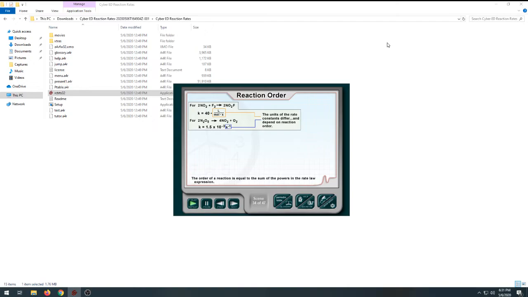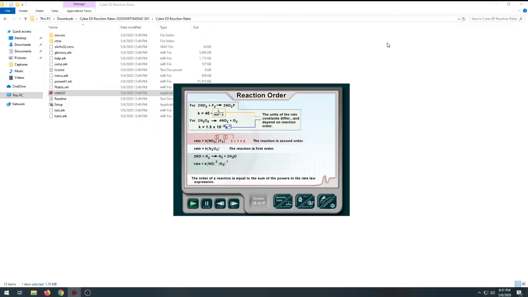For example, the reaction that forms nitryl fluoride is a second-order reaction because the concentration of each reactant is raised to the first power, and 1 plus 1 is 2. The decomposition of dinitrogen pentoxide is first order because its concentration is raised to the first power.